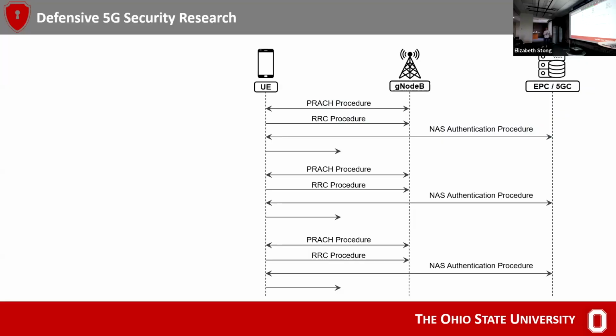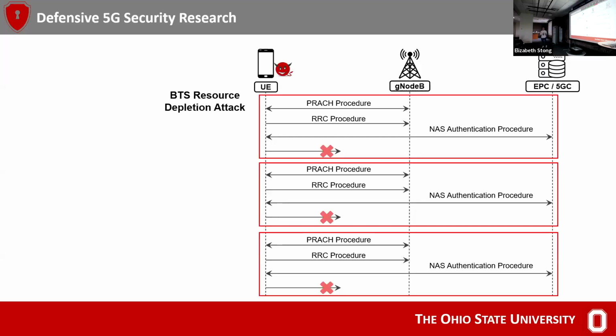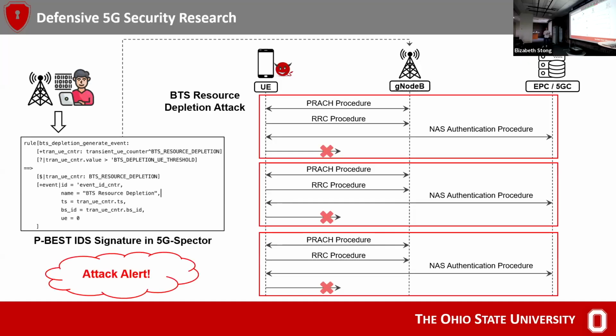Let's say we have a base station DDoS attack happening between the UE and the base station, where the UE tries to initiate repeated patterns of RRC attacks to compromise the base station infrastructure. By using the unique telemetry, we can program the corresponding rules, assuming the operator knows there could be a BTS DDoS attack.